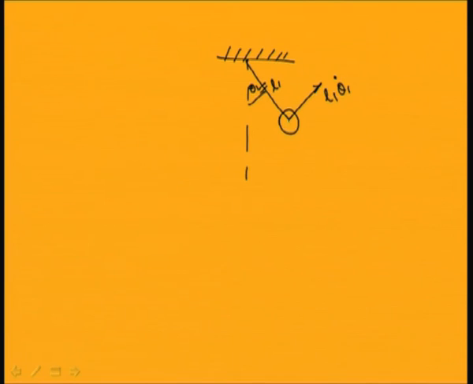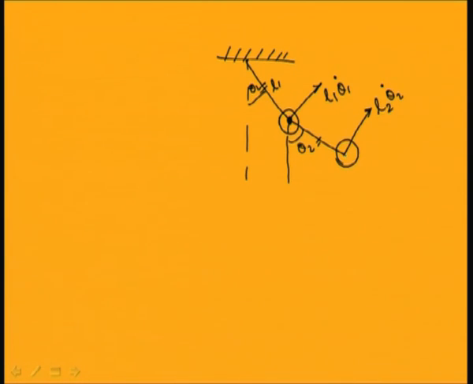And for the second mass, the second mass makes an angle theta 2 with the vertical. So it will have a velocity relative to this position which is perpendicular to this line, and will have a magnitude L2 theta 2 dot.